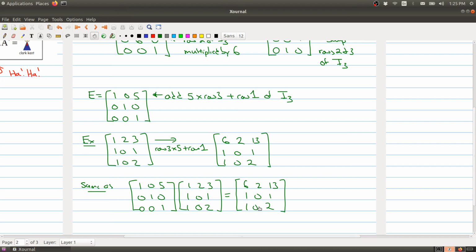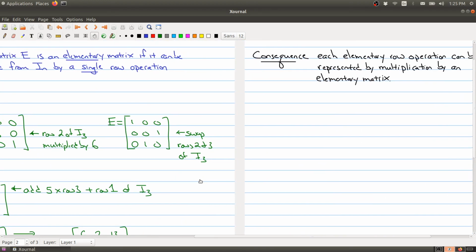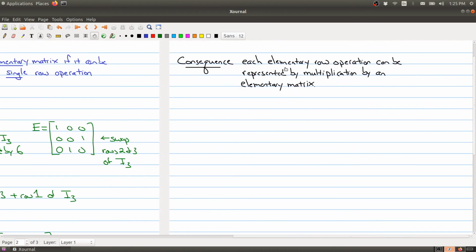So what we're really getting at is that each single row operation that we do on a matrix can be represented by a matrix multiplication with an elementary matrix. Each elementary row operation can be represented by multiplication by an elementary matrix. And this is great because if we want to explicitly keep track of row operations, we can think of it as a series of matrix multiplications. We're going to be using that fact when we prove that the procedure from last class is true. So we'll stop here and I'll see you in the next part.